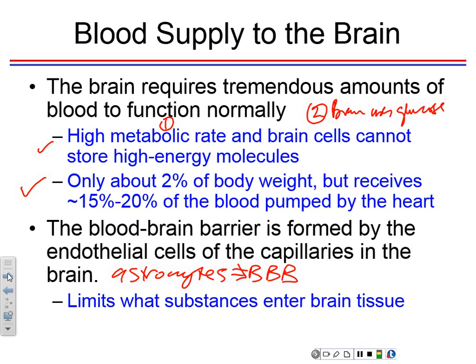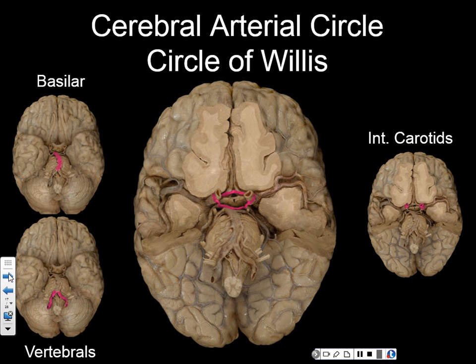So this blood-brain barrier is very selective. It will only allow glucose and neurotransmitters as well, like dopamine and so forth. So it limits what enters the brain for obvious reasons. You don't want to compromise your control center. All right. Okay. So you've got to be able to tell me the reasons that the brain requires so much blood for being so small.